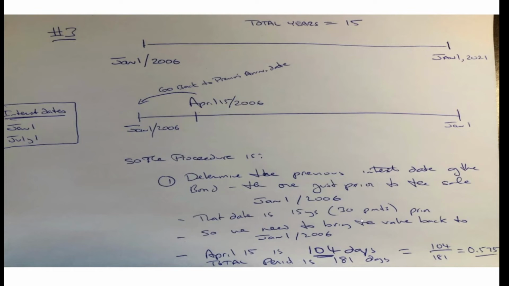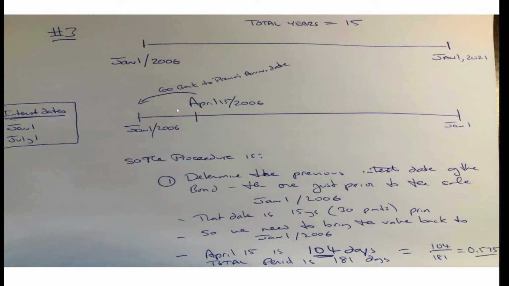So we need to bring the value back to January 1st, 2006. So there's 30 interest periods. We're going to take the stream of payments, and we're going to bring them back to January 1st, 2006. We're also going to take the $1,000 that we're going to get at the end, which is the value of the bond, and bring it back to 2006. So we need to draw 2 things back.